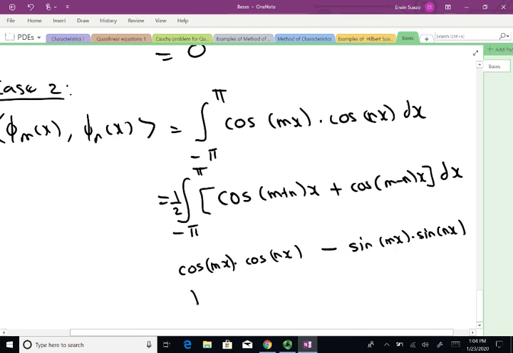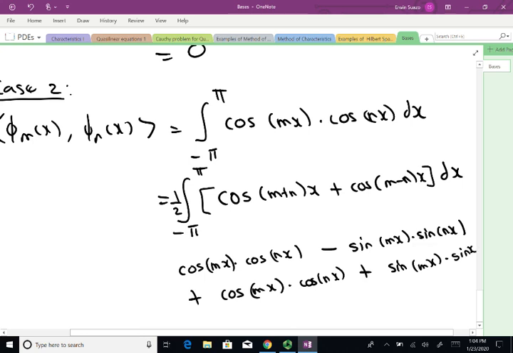Plus cosine of (m minus n)x, now you have minus over here, so you get cosine of mx times cosine of nx plus sine of mx times sine of nx.